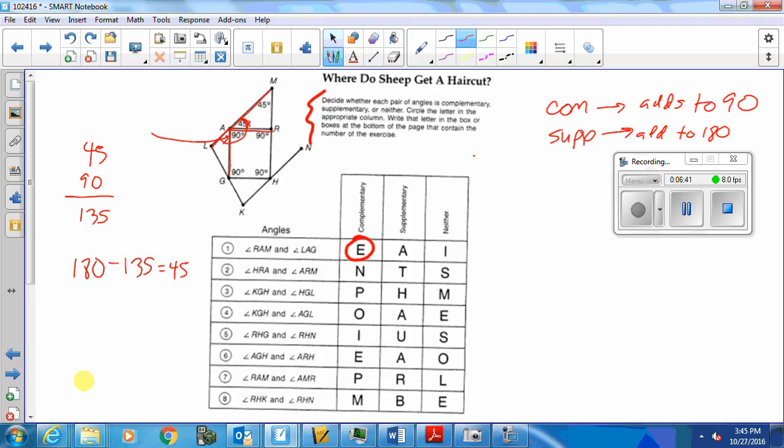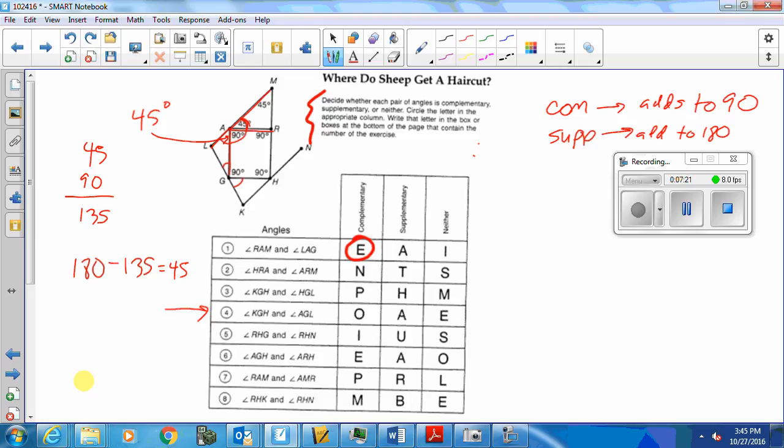All right, let's do another one. We know that was 45. Let's do KGH and AGL. Where's KGH? KGH is going to be this one. AGL is going to be this one. We don't know what either one of those angles are.